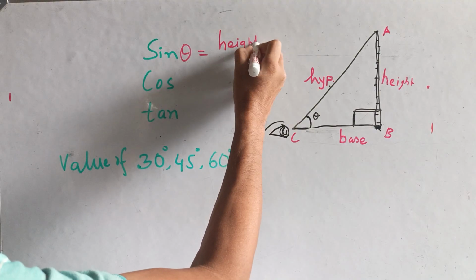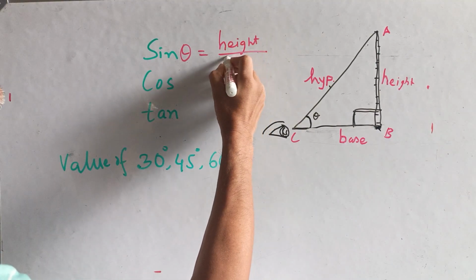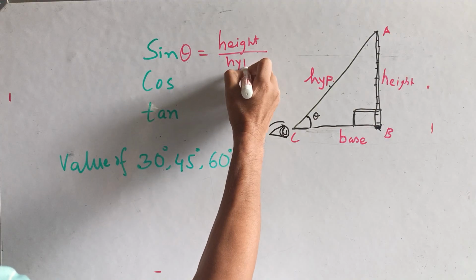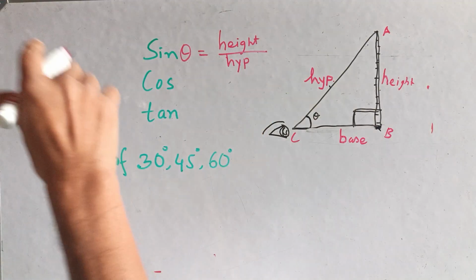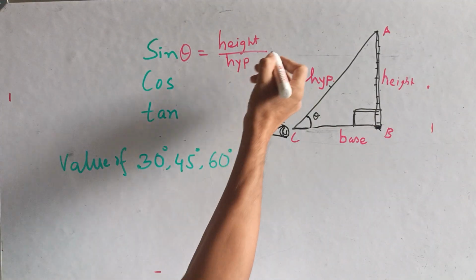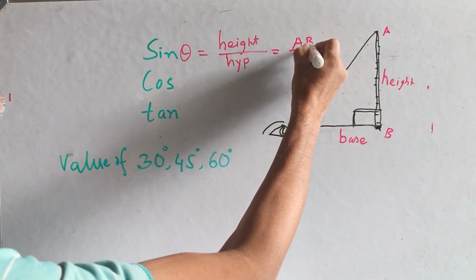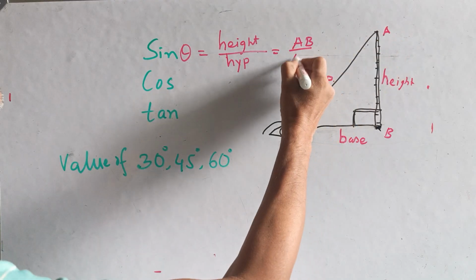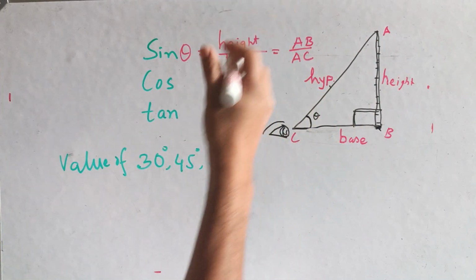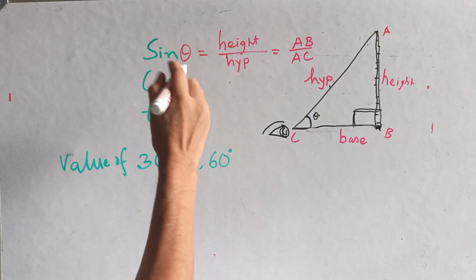If you forget this definition, then the total calculation will be wrong. So height by hypotenuse is the first thing you have to remember. Then you can write height AB by hypotenuse AC. That is the second step, but first the definition must be remembered.